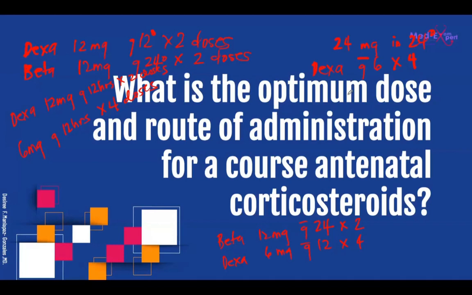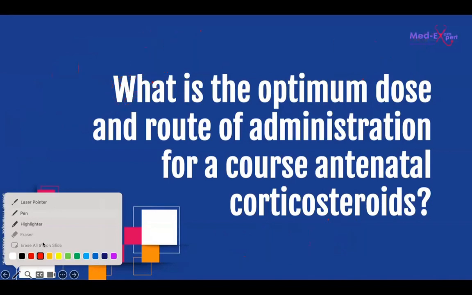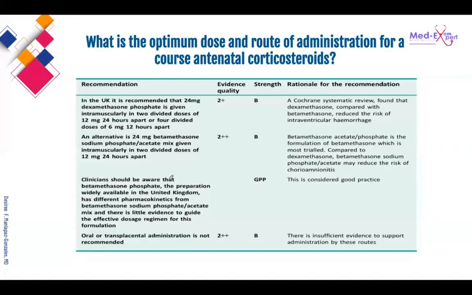So now let's see what the guideline says about the dosing. We have two preparations. We have dexamethasone phosphate. You give it intramuscular, 12 milligrams 24 hours apart, or 6 milligrams 12 hours apart.